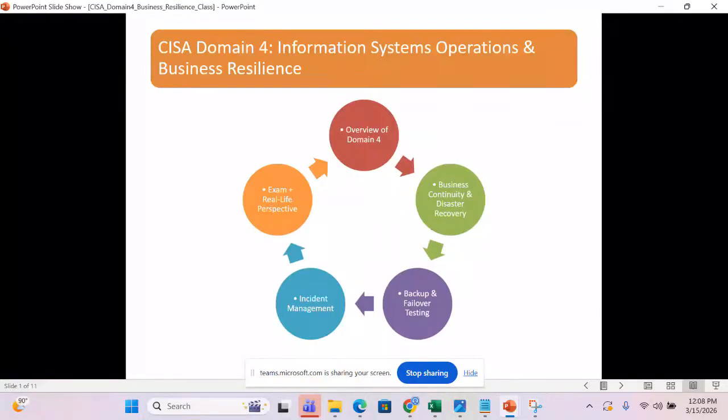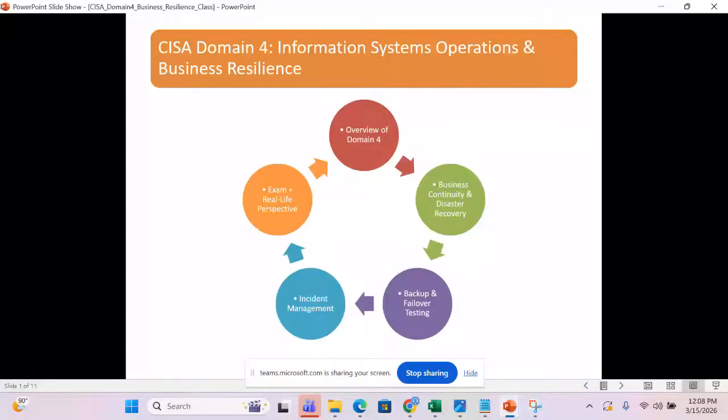Under Part B we intend to look at three major areas. It's a broad area, but we have it broken down in the subsequent slide, which I believe should have also been shared with you. So we have business continuity and disaster recovery, backup and failover testing, and of course incident management.